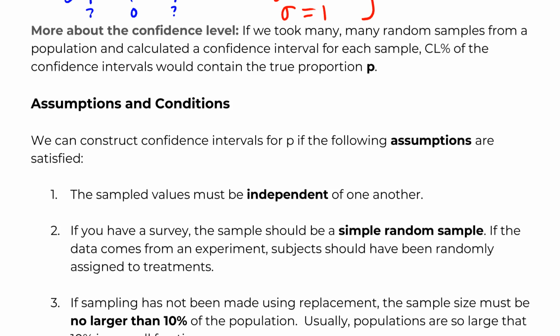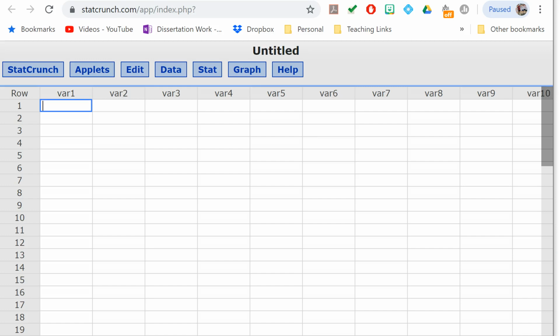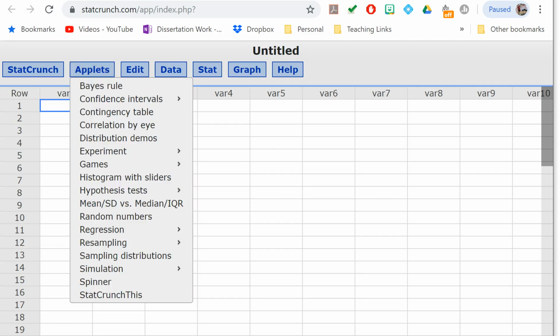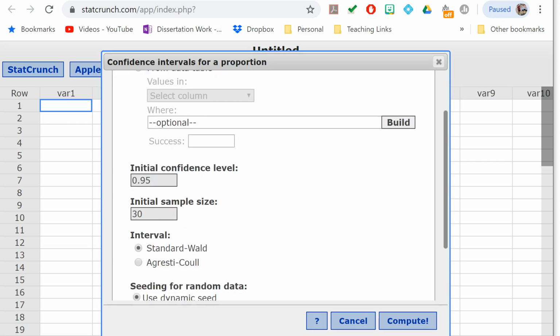But it does tell us what happens if we did this a whole bunch of times. So let me pull up StatCrunch really quick. If I made a ton of confidence intervals, which is what I was hoping we would have time to do in class on Friday, but we were running short on time. So we counted up the number of even dice rolls. So we were dealing with something where our P was 0.5.